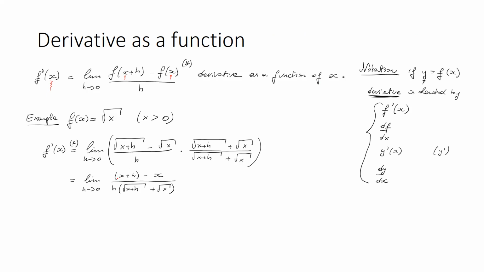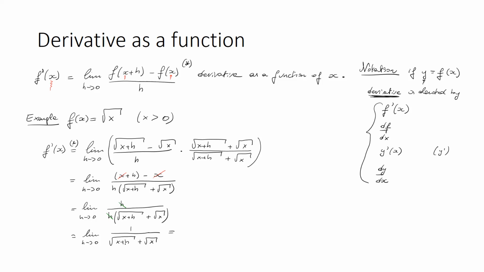And now the x here and here cancel. And we're left with the limit as h goes to 0 of h divided by h times the square root of x plus h plus the square root of x. Now we have another cancellation, the h here and the h here cancel. And we have the limit as h goes to 0 of 1 over square root of x plus h plus square root of x.